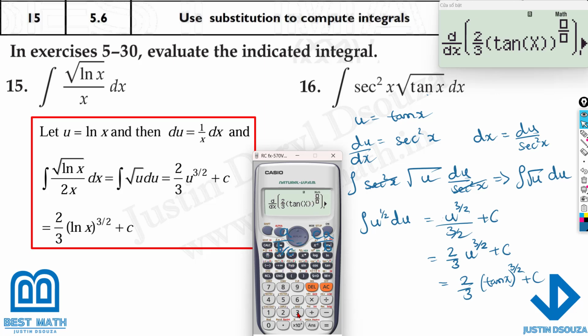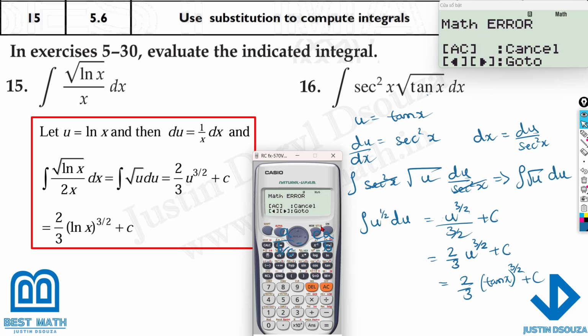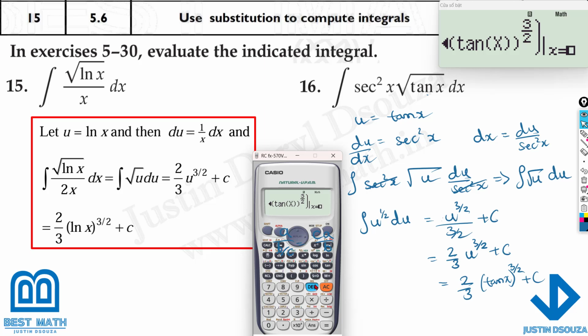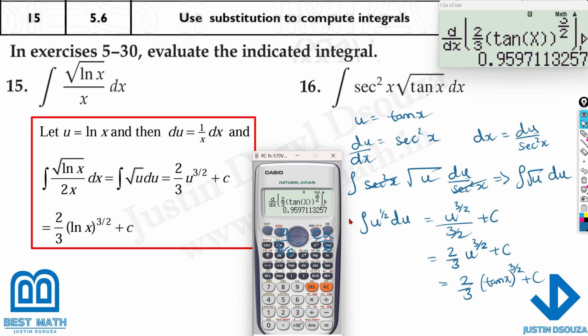Raise it to the power 3 by 2 or 1.5. And then here we have to write 0.5, not any other value. Imagine you put 2, it's an error. Why? Because we got an error at the question, right? So it'll be 0.5, it should be 0.9597, and that's the correct answer.